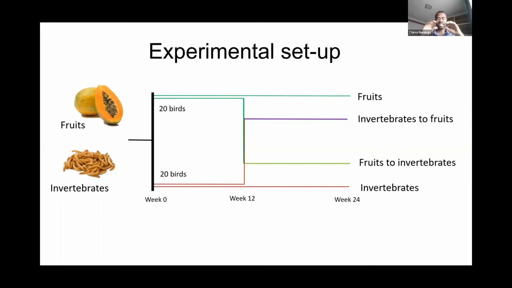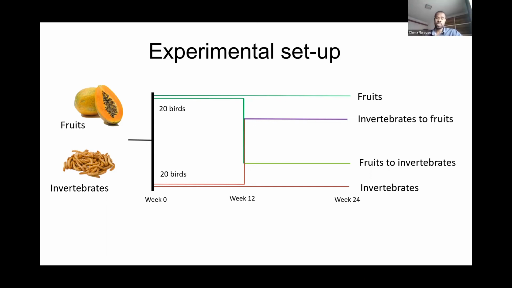While one group had exclusively fruits. And these fruits included fruits we bought from the market and fruits we actually collected from the reserve that were in season. And after 12 weeks of feeding birds, we took half of each group and switched to the alternative group and continued for another 12 weeks.